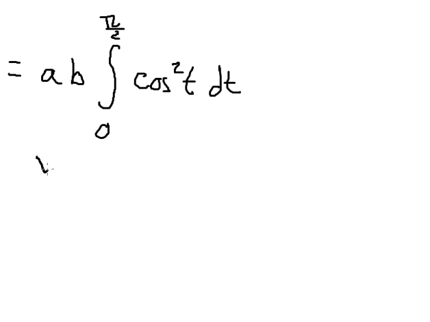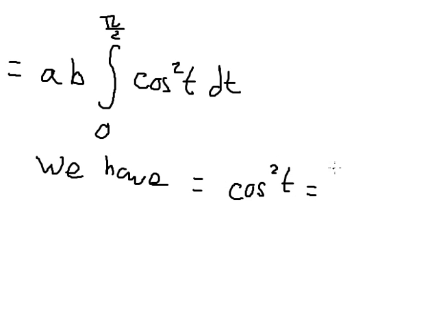Next we have the second formula. That is about cosine t square equals cosine 2t plus 1 over 2.